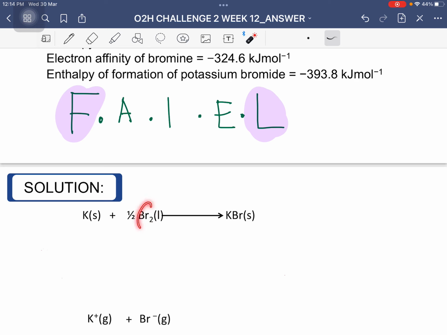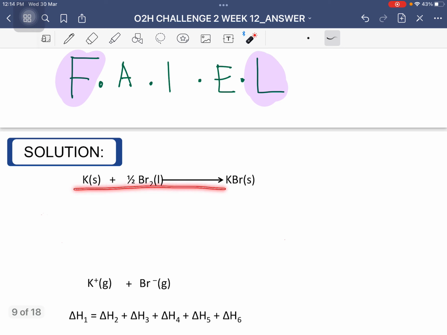Okay, element dia adalah Br2, not Br. Tapi kat sini bila kita nak balance supaya kita maintainkan dia 1 mole, so 1 K and then 1, half Br2. So we have done our enthalpy of formation. Okay, so here we are labeling our enthalpy of formation is given negative 393.8.